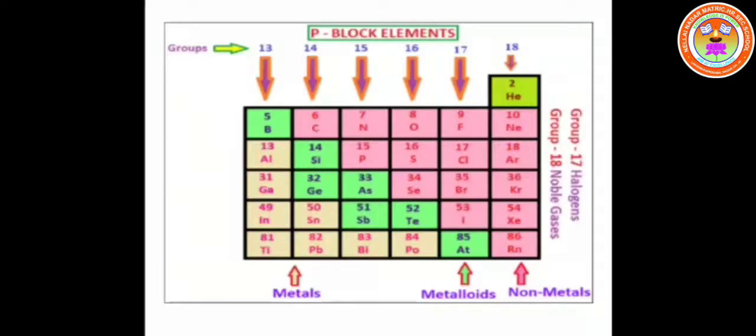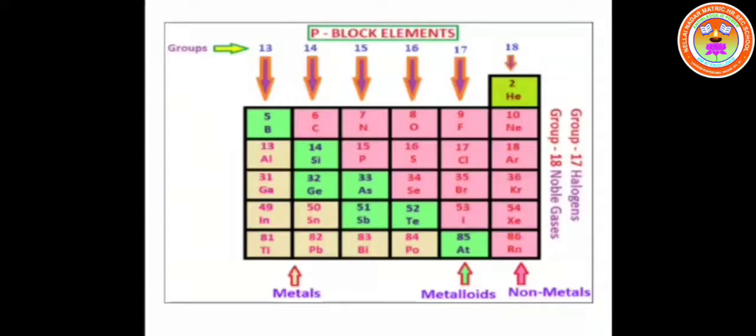Tellurium belongs to 16th group. Okay, then we are having halogens and noble gases. Halogens, fluorine, chlorine, bromine, iodine and astatine. Noble gases, helium, neon, argon, krypton, xenon and radon.